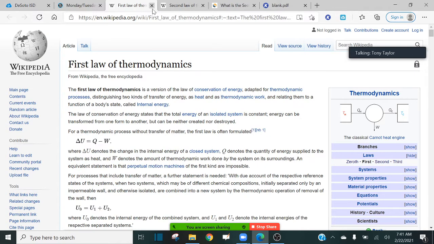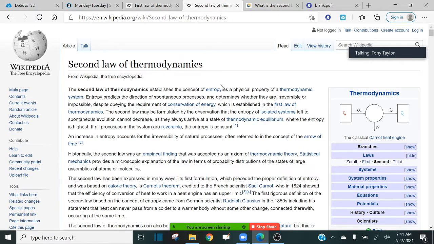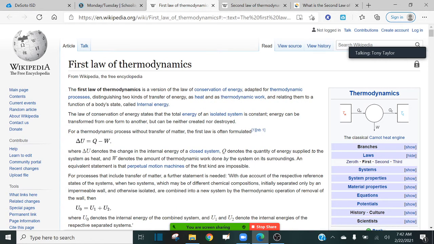Pretty easy. What I want to focus on next is the first law and the second law of thermodynamics. The first law of thermodynamics is a version of the law of conservation of energy that has been adapted to thermodynamic processes.